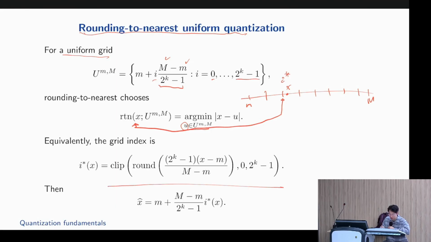That's this number here. The index starts from 0, 1, all the way to 2 to the k minus 1. And the reconstructed one is going to be this number, x hat. So how do you compute x hat? You just compute the index, i star, and walk this much in the grid, right?